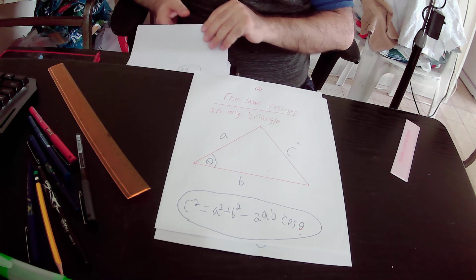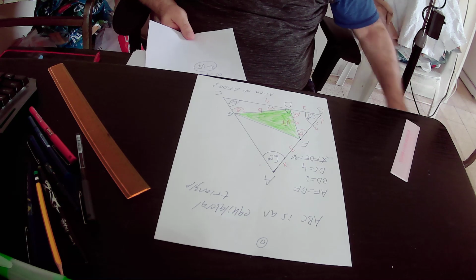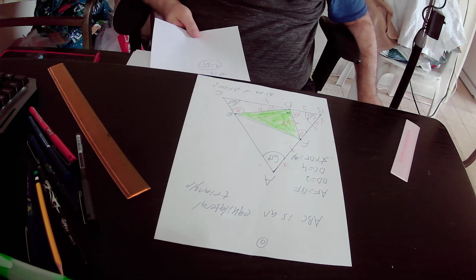Okay, so we can implement the law of cosines in the small triangle BFD.